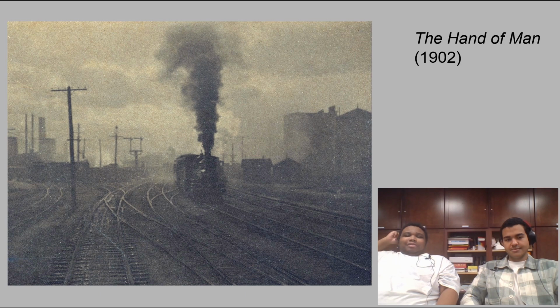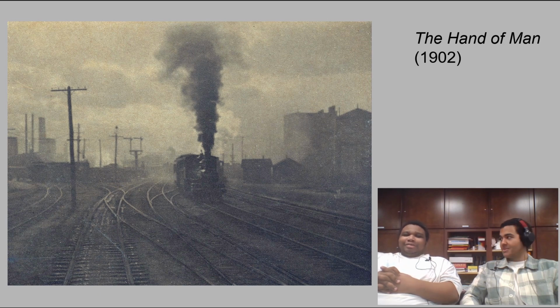I guess maybe I'm just putting my modern view on it, but maybe it'd be stronger if the train was more in focus. It's supposed to be the hand. Oh, I guess the hand of man could also be referring specifically to the smoke, putting these things into the atmosphere. Actually, no, I take that back. I do kind of like it.